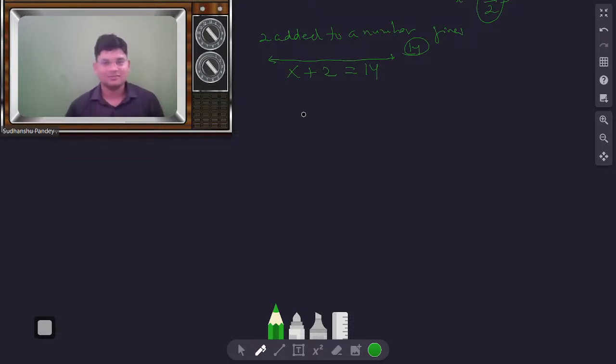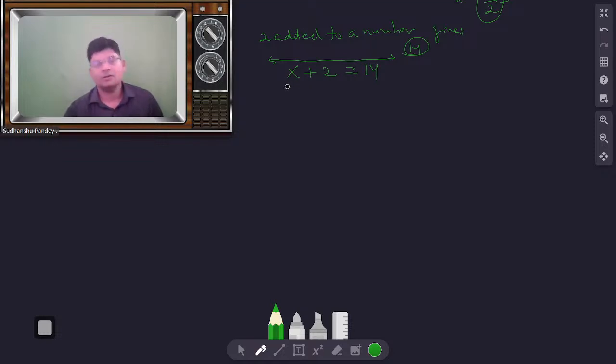So we will keep x on our LHS, and after the equals to sign, we are going to write 14 minus 2. So my other question is, why am I going to do 14 minus 2? Because we are going to take 2 away from the x and transport it to 14, subtract it to get the answer.